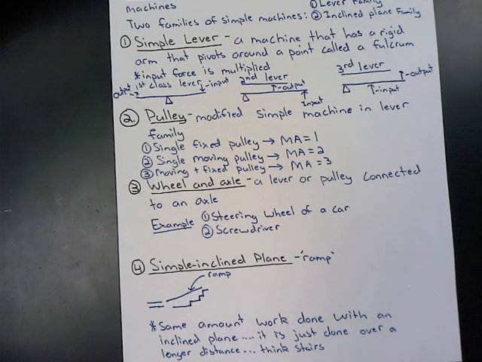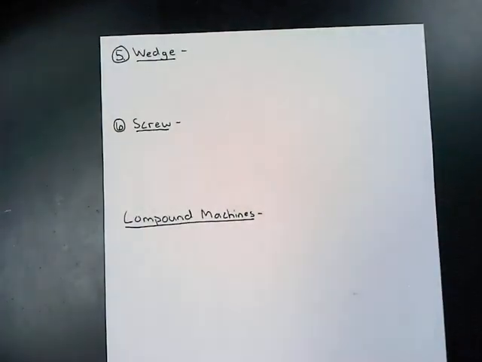So we have 4 of the 6 simple machines. We move on to the wedge. Now, a wedge is just 2 inclined planes placed back to back.